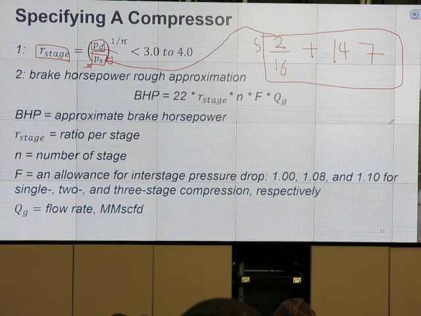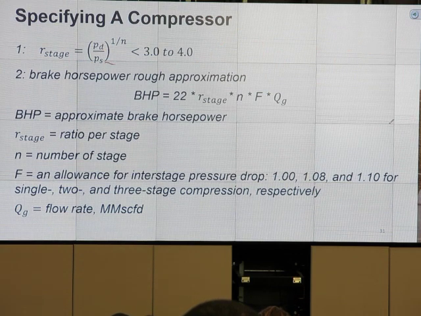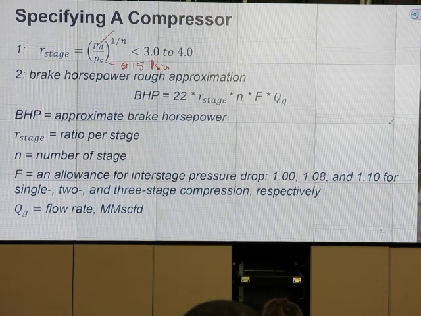Okay? So let's say I have to compress the gas from, okay, let's do 15 psia to 60 psia.